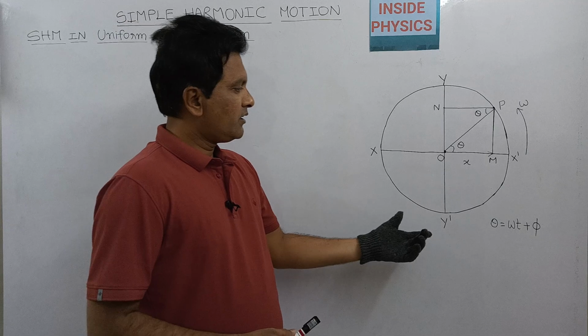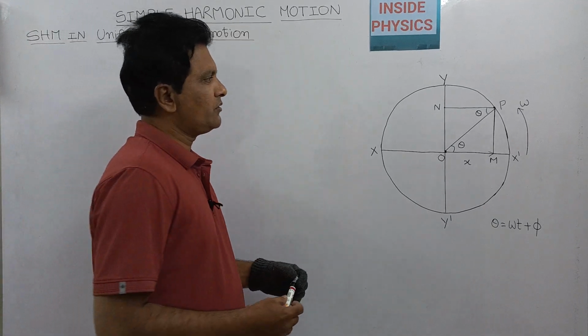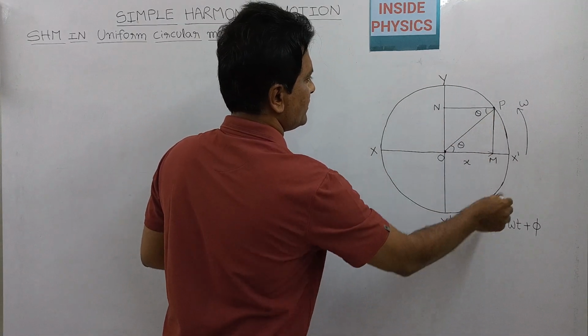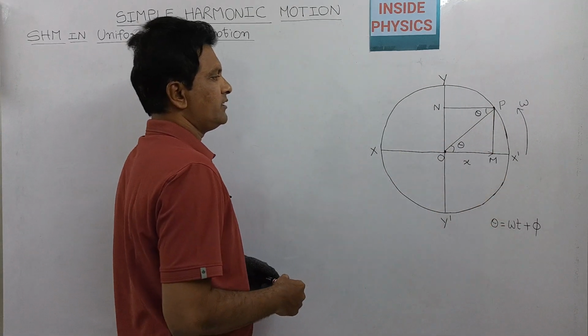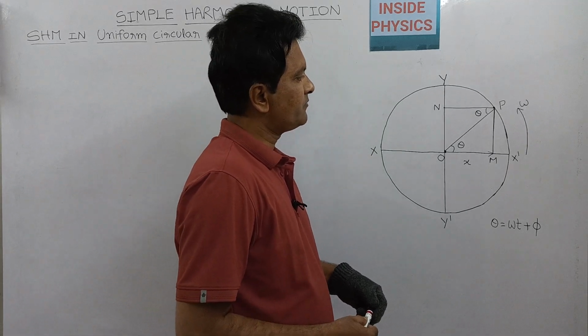So, why do we have to consider uniform circular motion and why do we need to draw a projection from the particle which is moving anti-clockwise in circular motion with a uniform angular velocity?